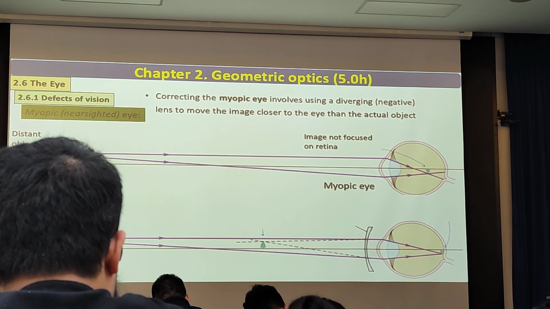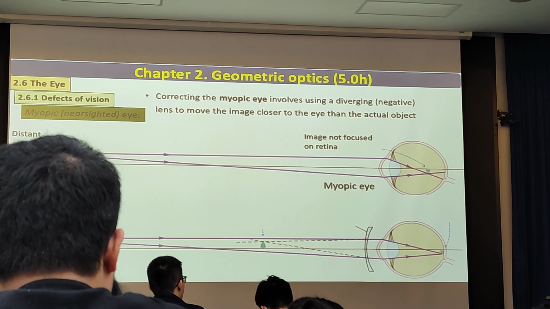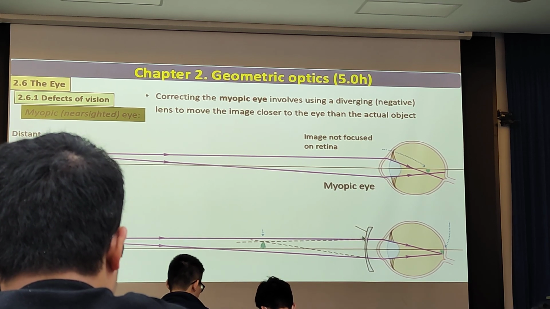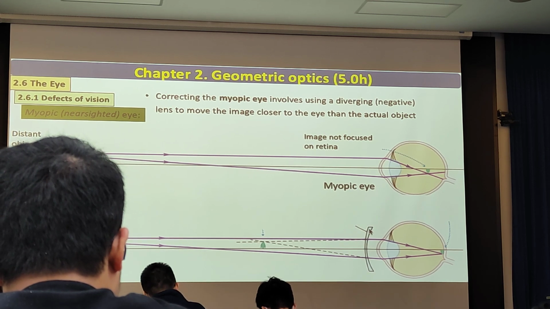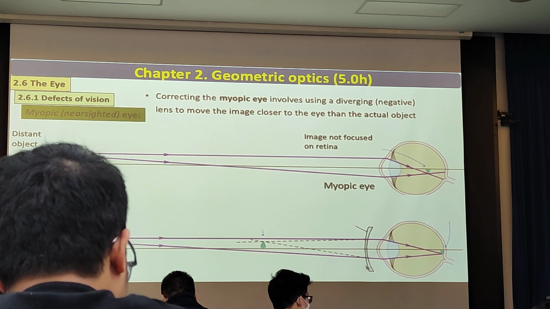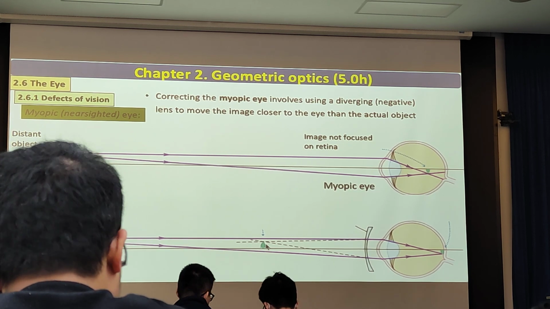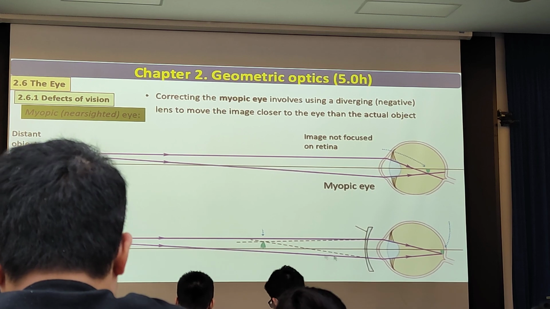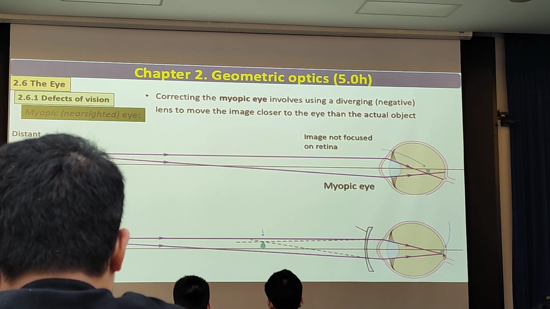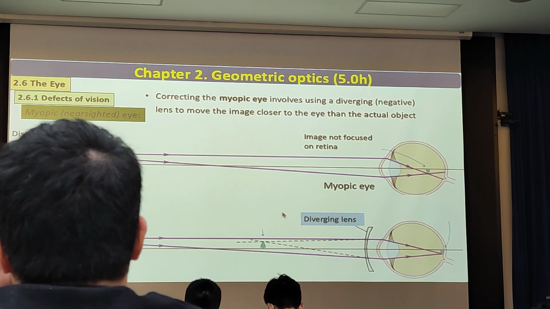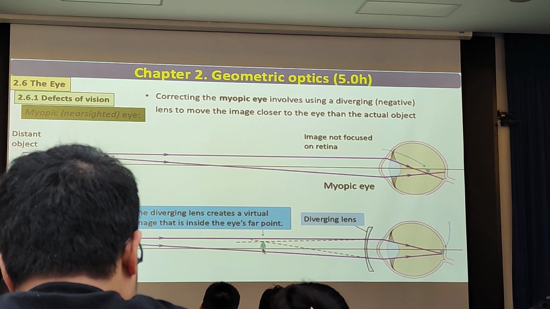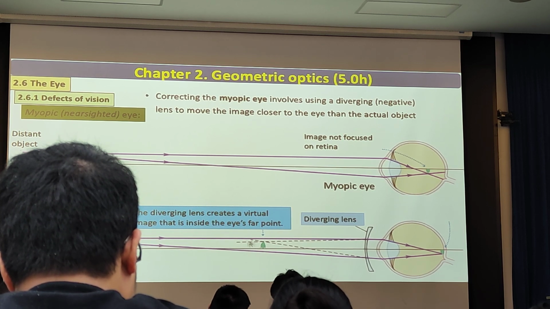This object, which is distant, running very far away. At first, it will be the object of this diverging lens first. So the image is formed here. Then it will become the object, and the diverging lens creates a virtual image that is inside the eyes.